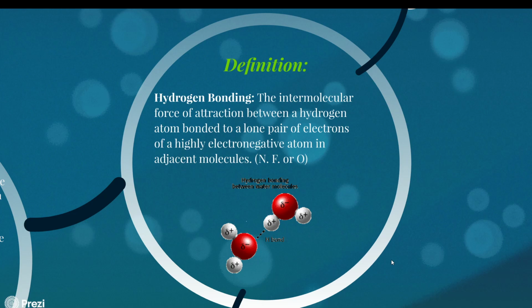Hydrogen bonding is the essential force of attraction between a hydrogen atom that's bonded with another type of atom, and the lone pair of another highly electronegative atom. This is going to be mainly with lone pairs for the elements of much higher electronegativity.